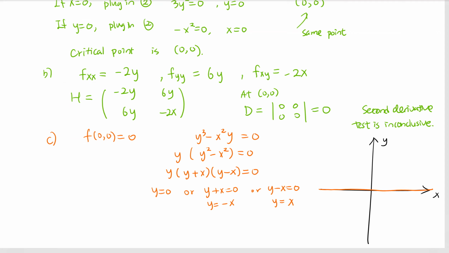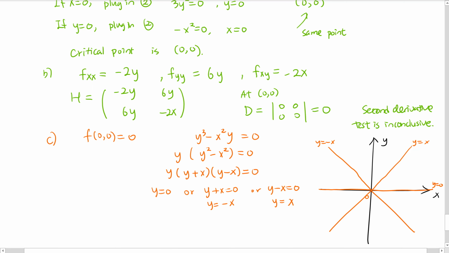And y equals minus x, that's the line passing through the origin with the slope negative 1. What is y equals x? This one with the slope 1. So this is y equals x, this is y equals minus x, this is y equals 0. Okay, so those are the three level sets, right?